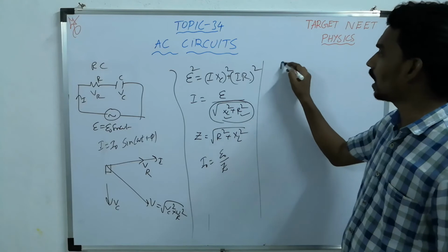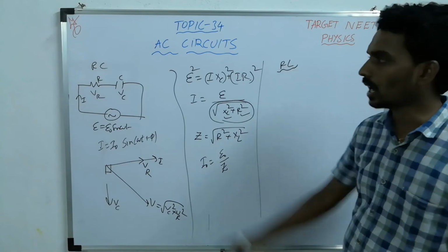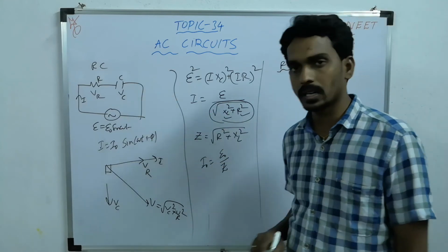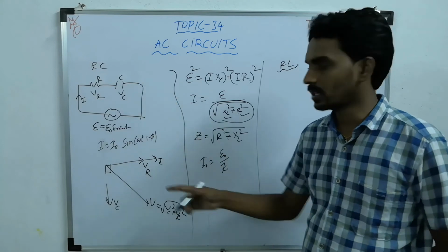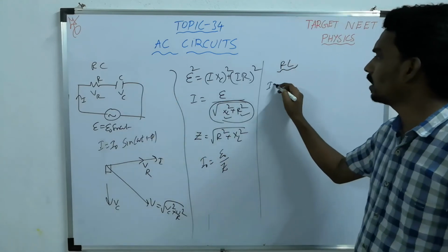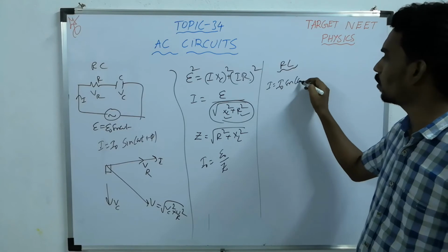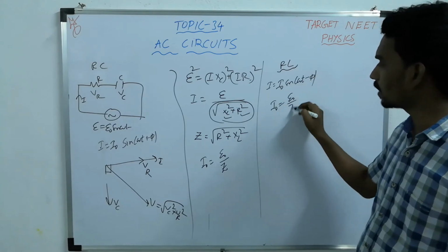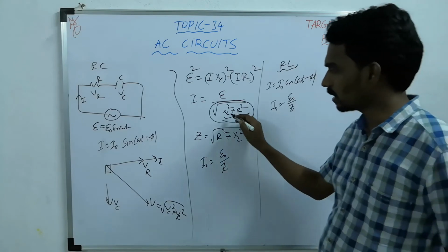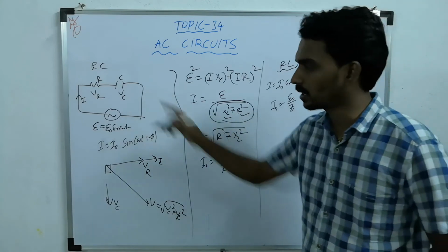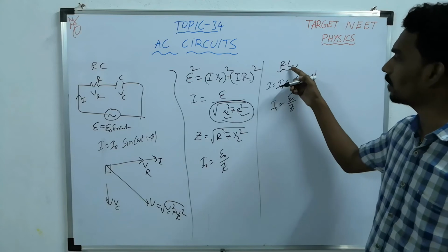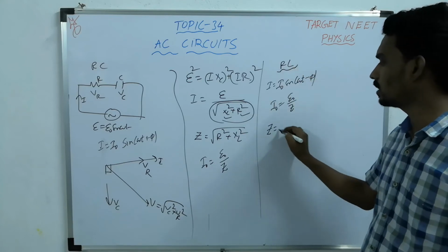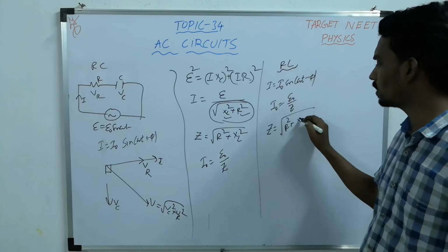Similarly, when you consider RL: in RC, plus phi, current dominates; in RL, voltage dominates, so minus phi. So I equals I naught sin omega t minus phi, where I naught is epsilon naught by Z. Z is the resultant of XC and R here, and here it will be the resultant of XL and R. So Z is under root R square plus XL square.